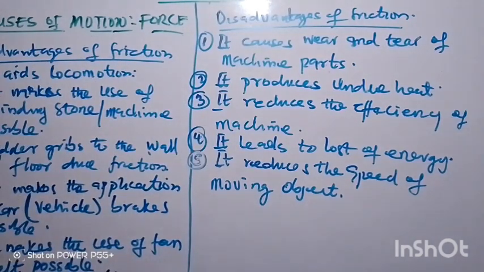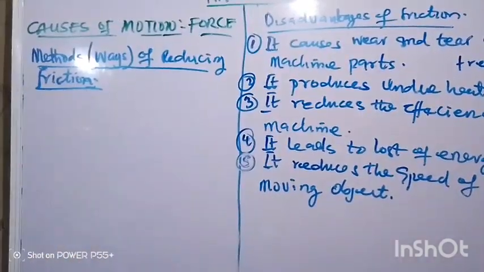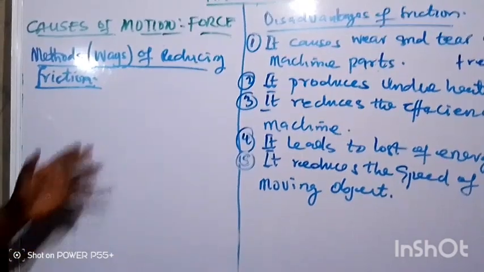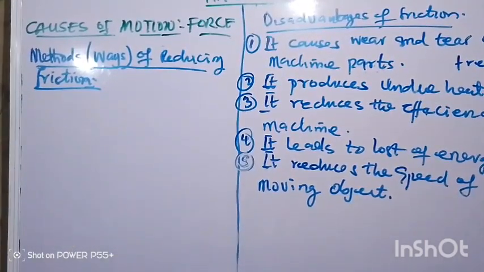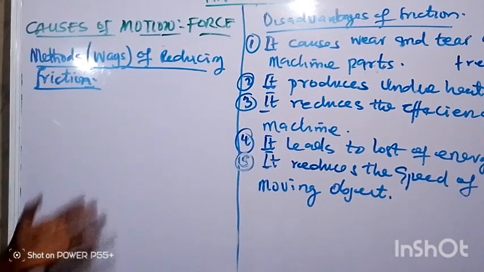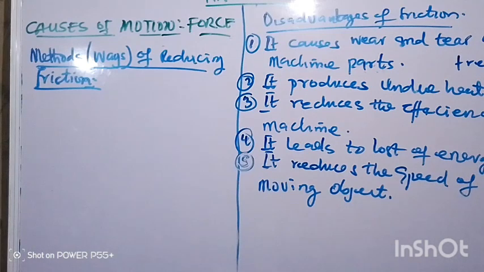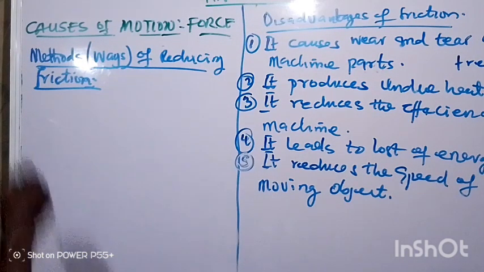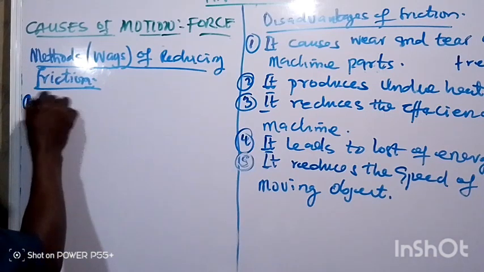Now, the next thing is methods or ways of reducing friction. Since we cannot do without friction in our day-to-day activity, we need to find a way or method to reduce it. Number one is by lubricating.